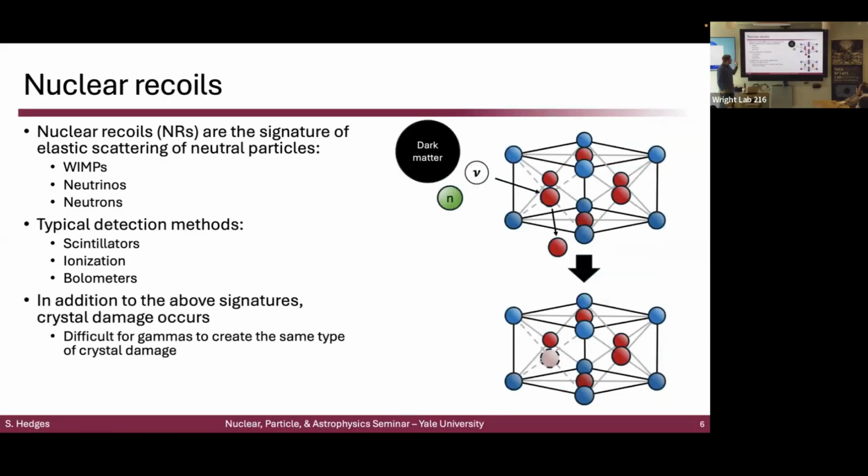But in all of these materials, in addition to those channels that you're typically going after, you can also have crystal damage occurring as a result of the nuclear recoils. And generally, it's difficult for gammas to create the same kind of defects as the nuclear recoils from neutrinos, neutrons, and dark matter. So these are more sensitive to those heavy particles than photons.